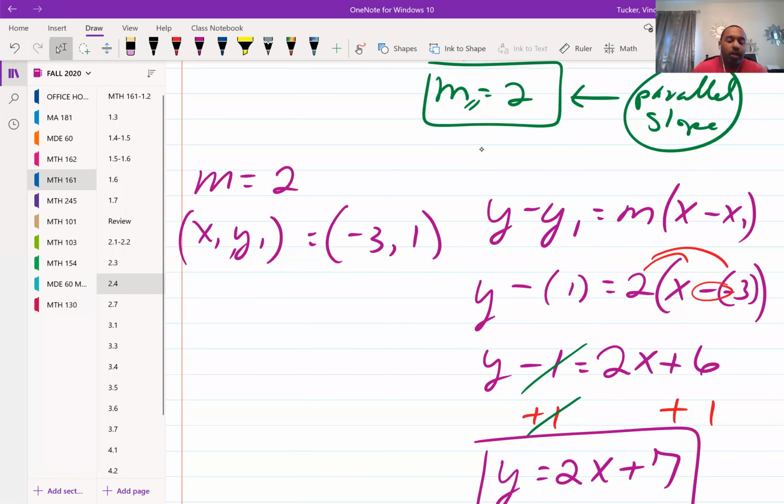And y is equal to 2x plus 7. Any questions?